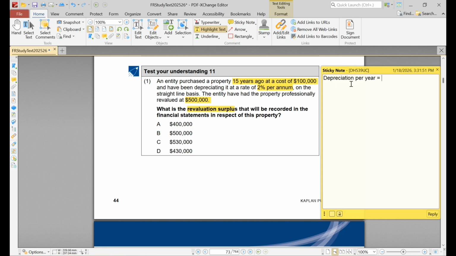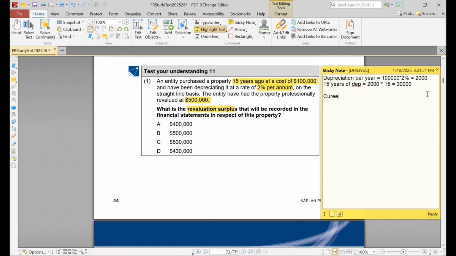Depreciation per year would be 100,000 into 2%, and this would be 2,000. It has been depreciated 15 years, so depreciation for 15 years would mean 2,000 into 15, which would be 30,000.